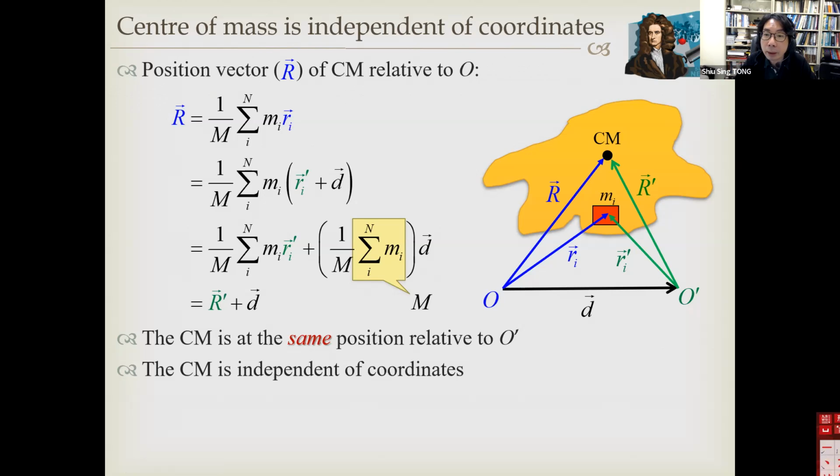Okay. So according to our formula, the position of the center of mass is given by the summation of M_i R_i vector divided by the total mass. Now, you can see the positions of O and O prime differ by a constant vector. And I call this constant vector D.